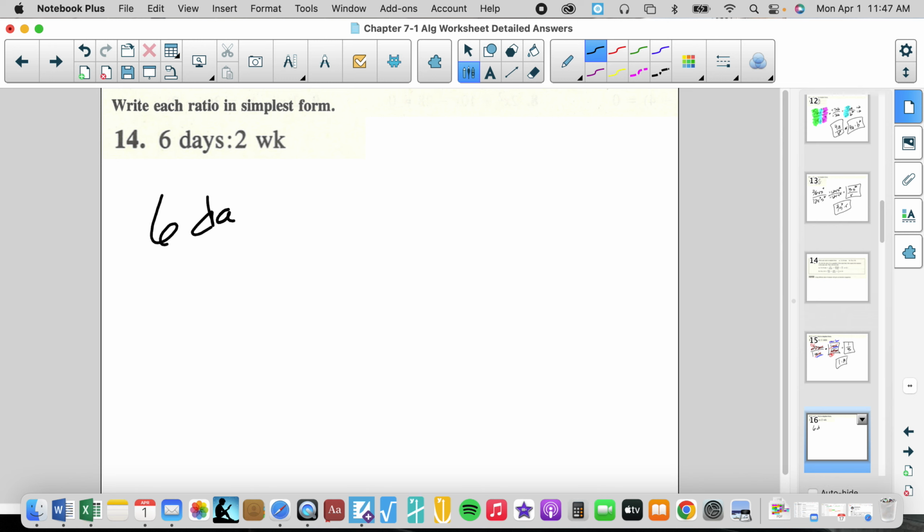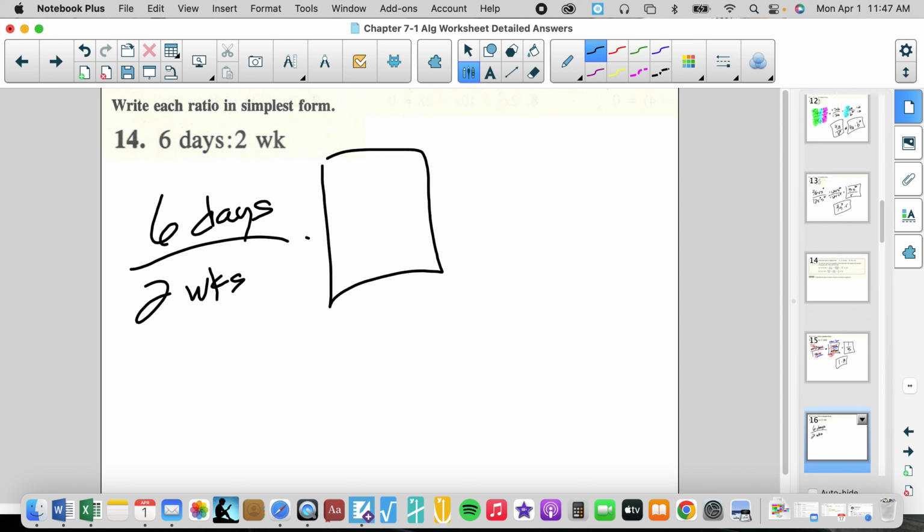6 days over 2 weeks. So I'm going to write a conversion box with week. 1 week is equivalent to 7 days. The unit week will cancel with week. 2 will cancel with 6.